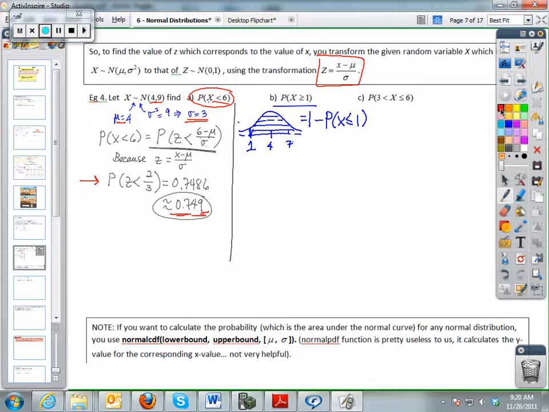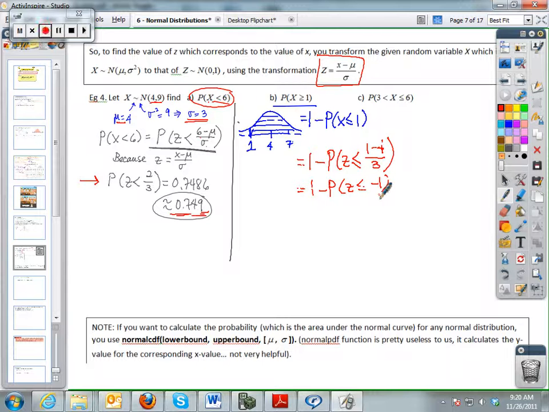Now I'm going to standardize this. So I end up with 1 minus the probability that z is less than or equal to 1 minus my mean, which was 4, divided by 3. That's the same thing as 1 minus the probability that z is less than or equal to -1.